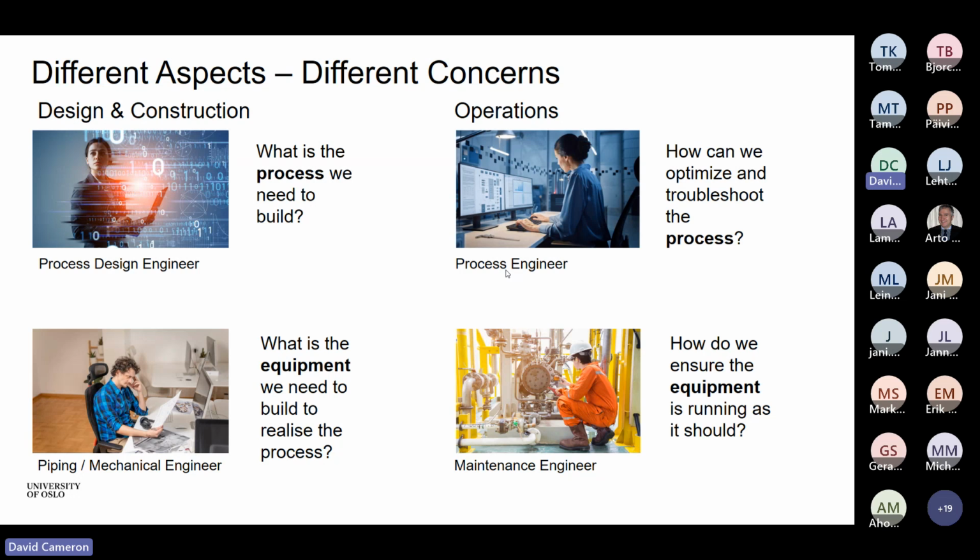And one thing we also see is that often a lot of the process decisions we've made, you lose the rationale and you lose the data because it's been all flattened down into large amounts of equipment data.